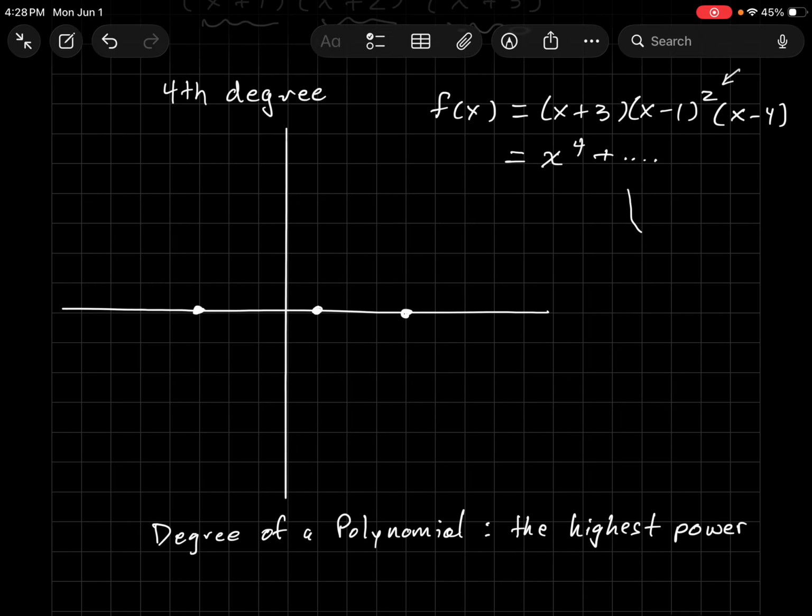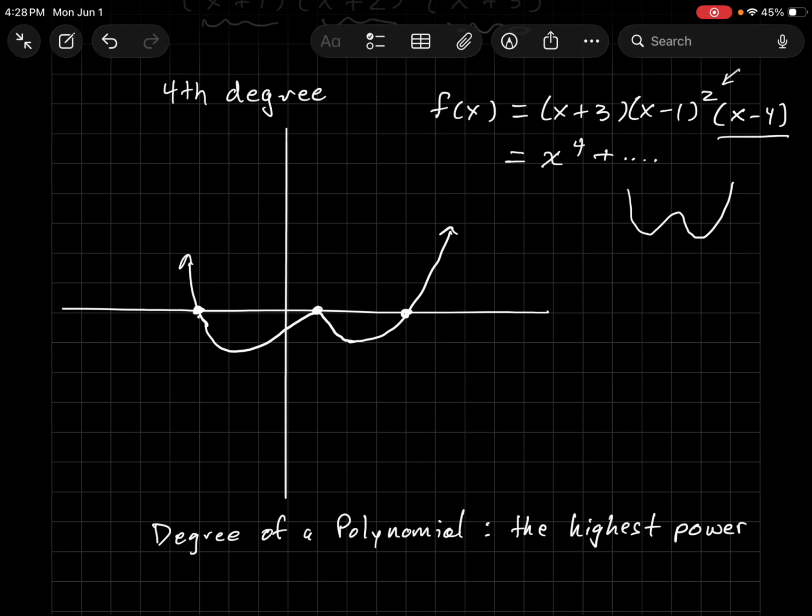So I have a positive x to the fourth, which means I know the graph must look like this, somehow, or something close to that. I also know that at x equals -3, the graph will cut through the axis. At x equals 1, the graph will bounce off the axis. And then at x equals 4, the graph will again go through the axis.